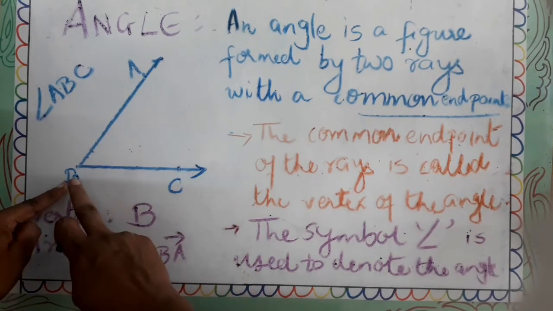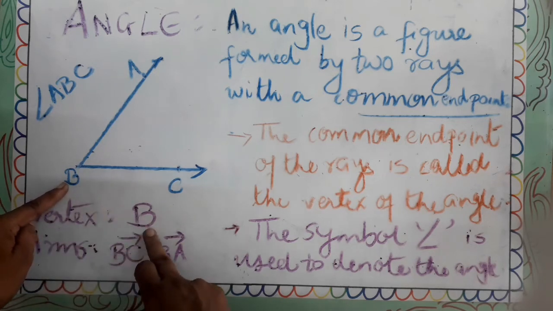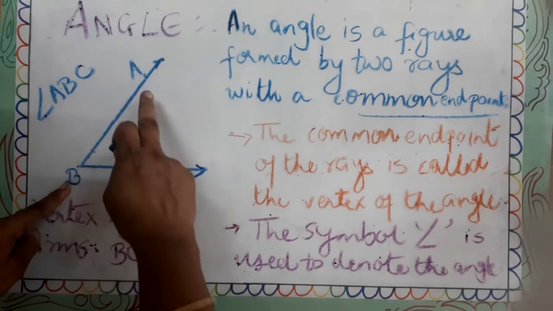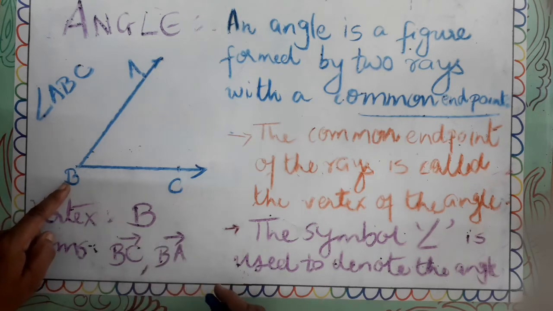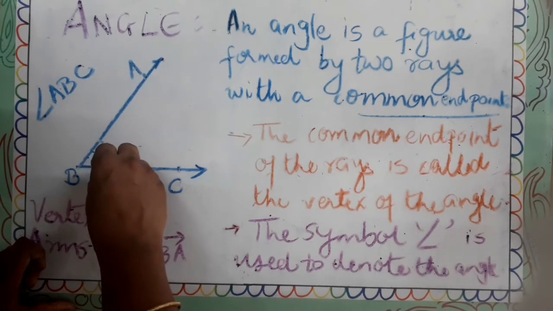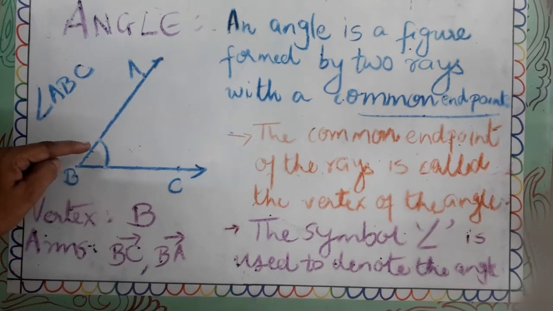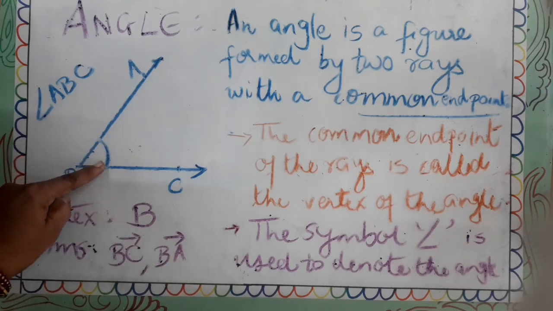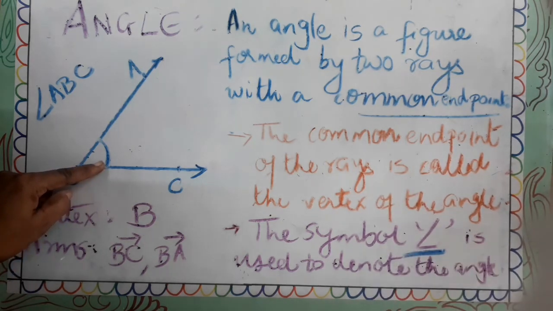So B is the common endpoint. This B is known as the vertex, and ray BC and ray BA are the arms. We draw a small curve to show the angle to be taken into consideration. If I want to consider this angle, then I have to draw a small curve like this. And the symbol for angle is this one.